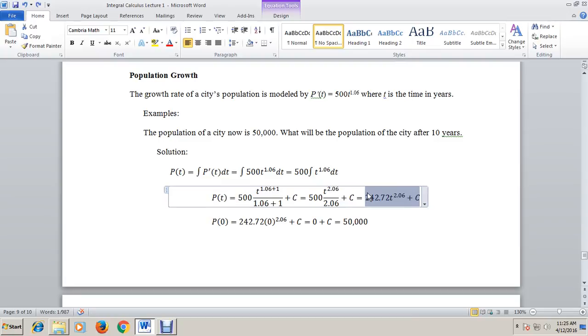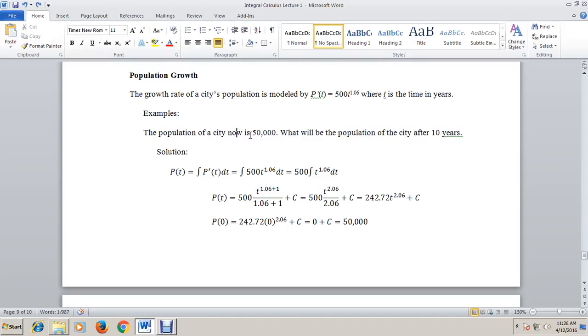Now, what we need is a particular solution. So we need to look for the value for c when t is equal to 0. What is meant by t equal to 0 is that we started off counting the 10 years from the time now, when the population is 50,000.